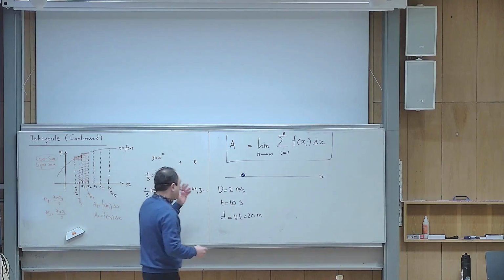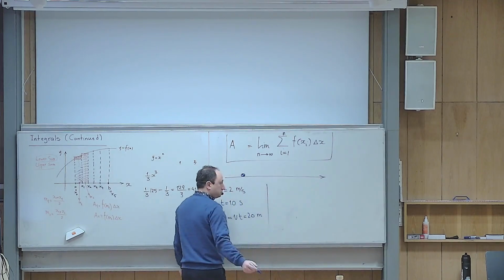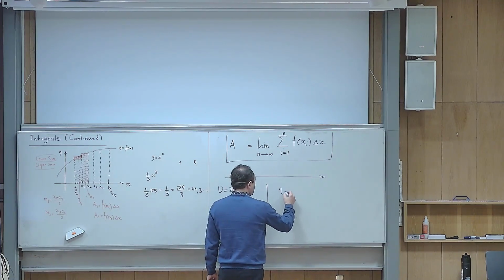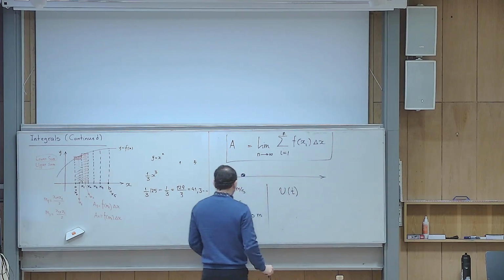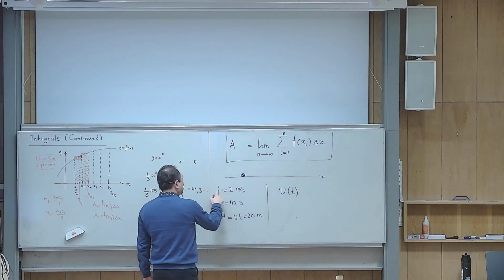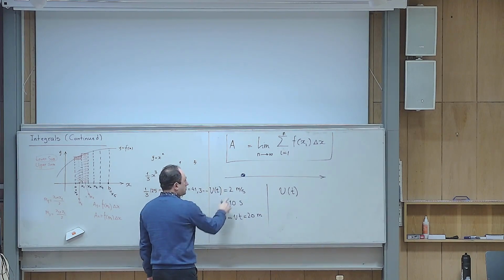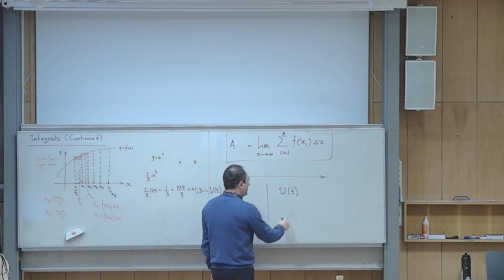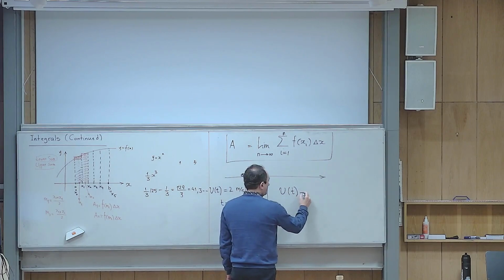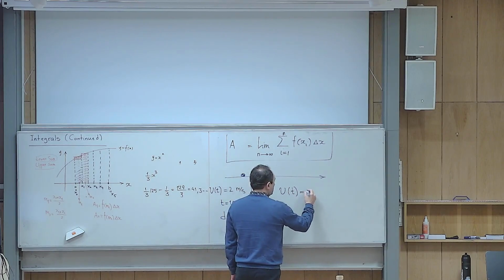For example, say I have a particle moving like this. The speed of the particle at instant t... here the speed of the particle at any instant is constant too. Okay, but let us assume that this is not the case. I have this, and let me say it is 2 times t.